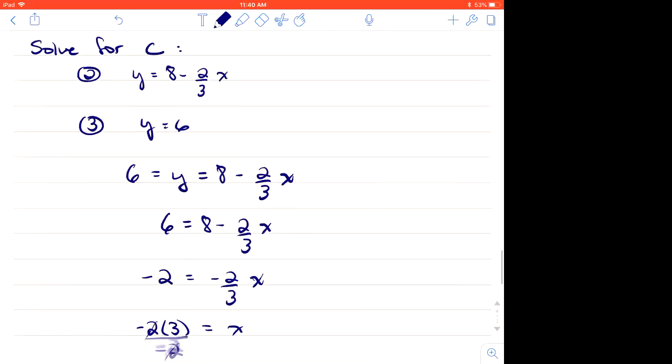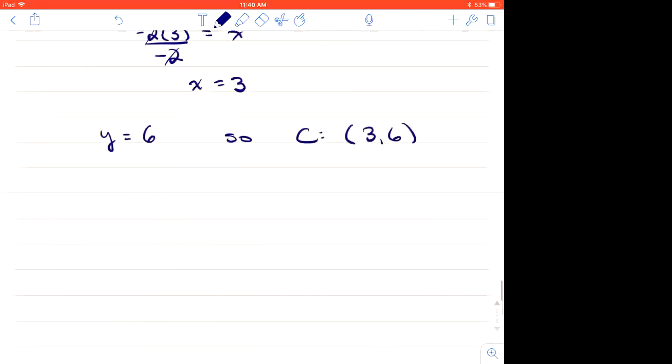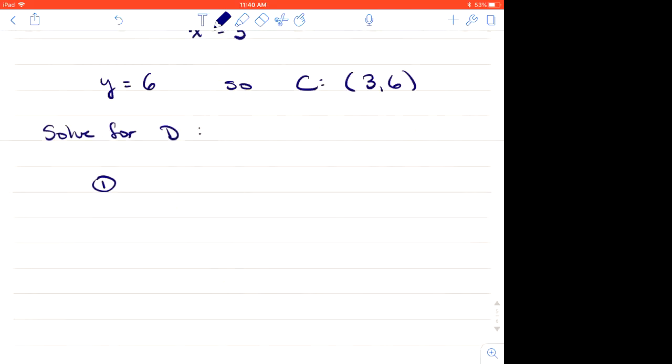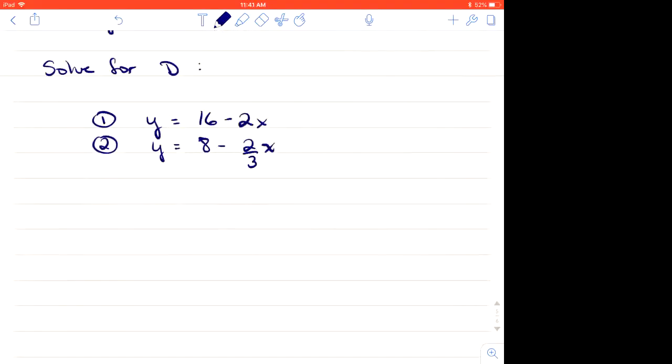Okay. How about if we have to solve for D, the intersection of 1 and 2? Line 1 was y equals, what, 16 minus 2x? And line 2 was y equals 8 minus 2 over 3x. What's nice is that, again, we have these already solved for y.